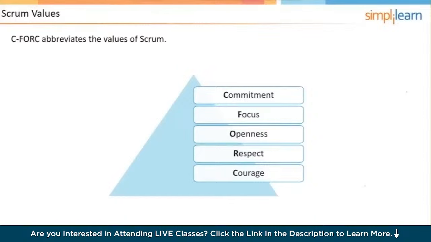R stands for respect, and that's kind of a 360 view. We respect ourselves, we respect others, we respect the concepts that we are using as part of Scrum, and we respect the other stakeholders as well, 360.